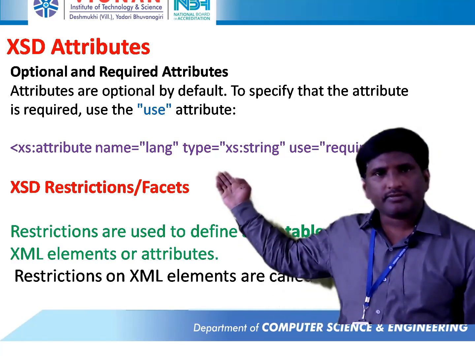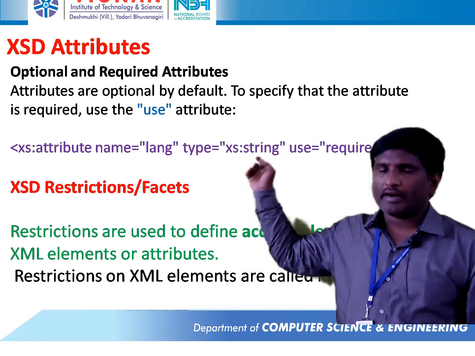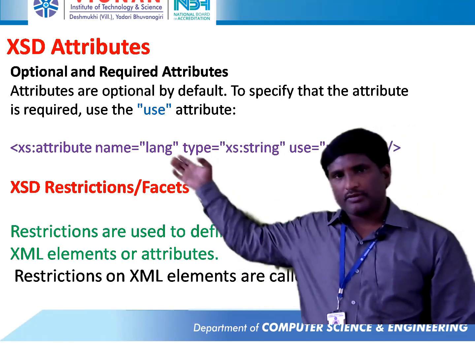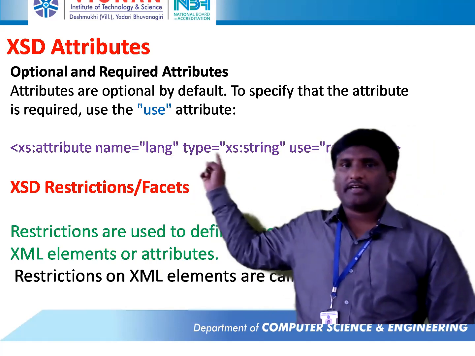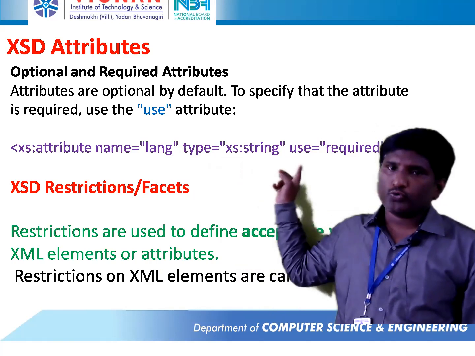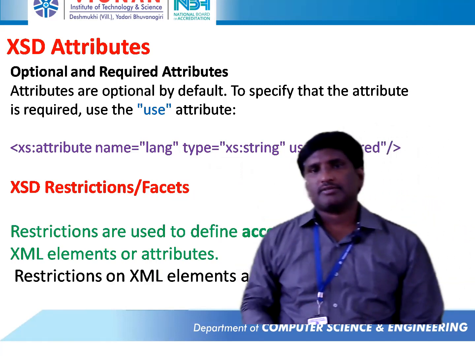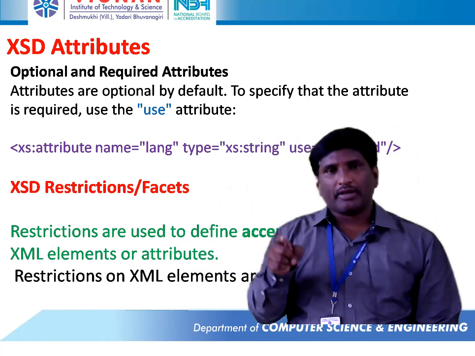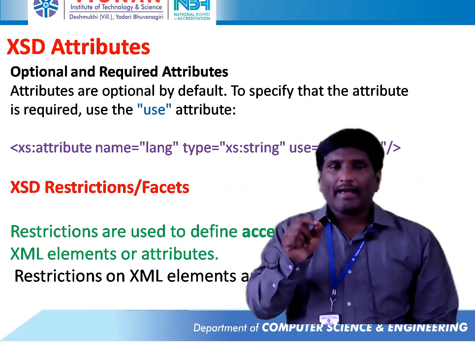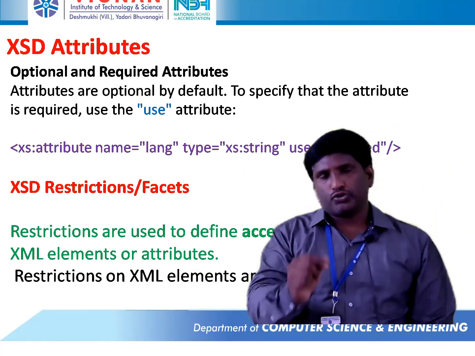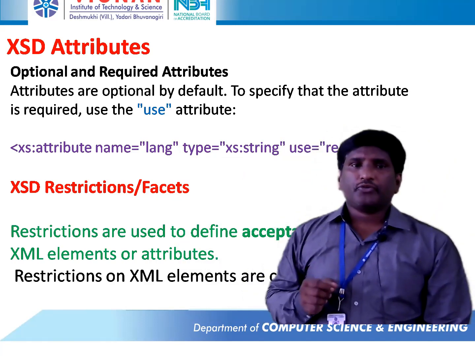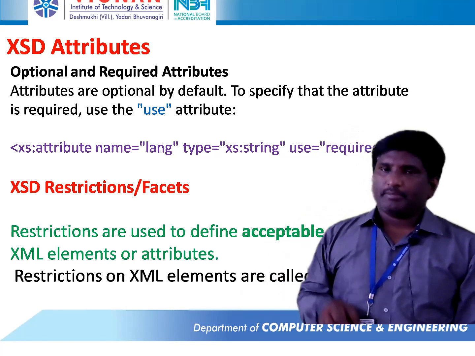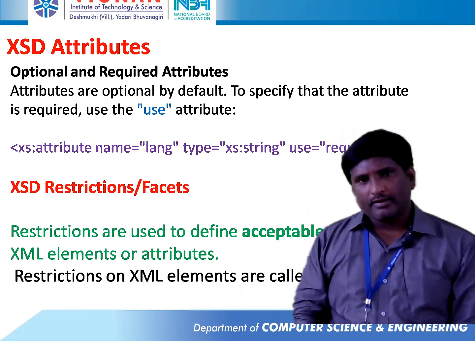The syntax is xs:attribute name, like the last example lang, type is xs:string, use equal to required. This is very important, so that if we use an XML element, the corresponding lang attribute should be used.